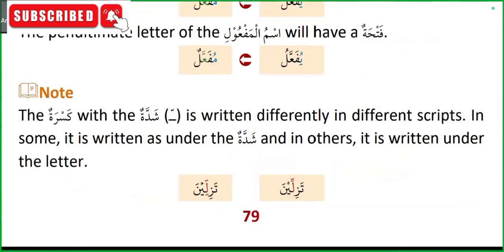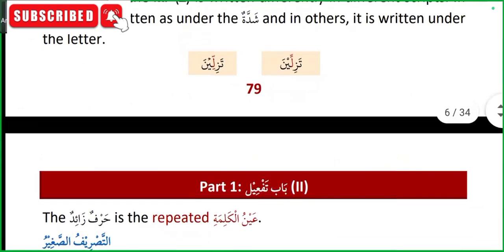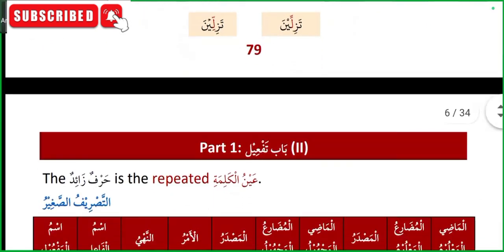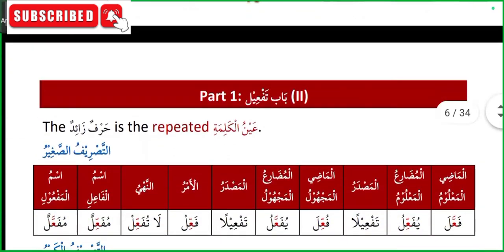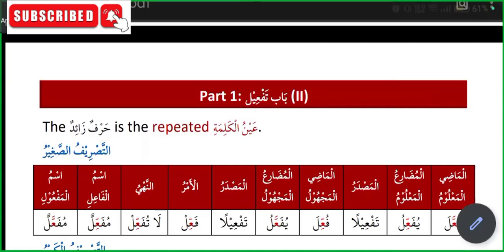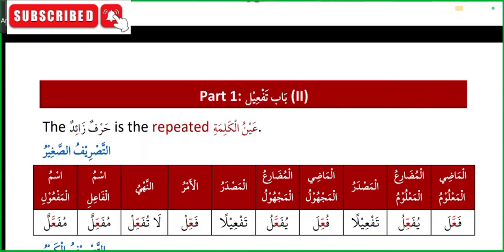Moving on to page number 80. Bab Taf'il, which is part 2 of this unit. So, until now we have discussed the introduction. What are the abwab mazidun fi? What are the abwab rubai?